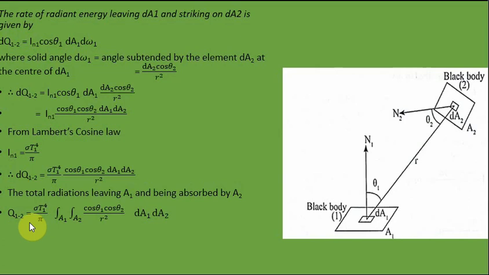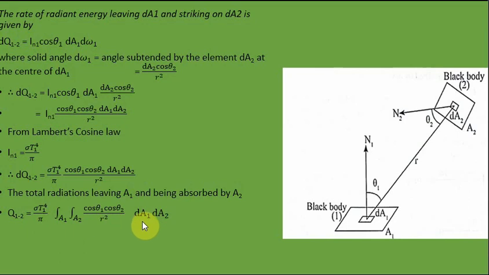Now the total radiation leaving A1 and being absorbed by A2, Q12, can be written as follows. So far we have discussed only the energy emitted from the small area dA1 and absorbed by the small area dA2. Now we want to find the total radiation emitted by the total area A1, which is absorbed by the total area A2. For that, integrate this equation with respect to A1 and A2.